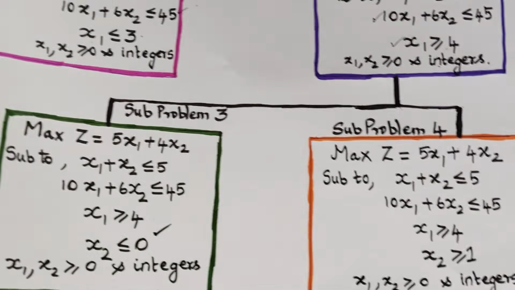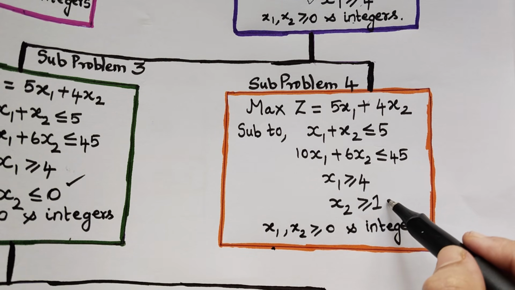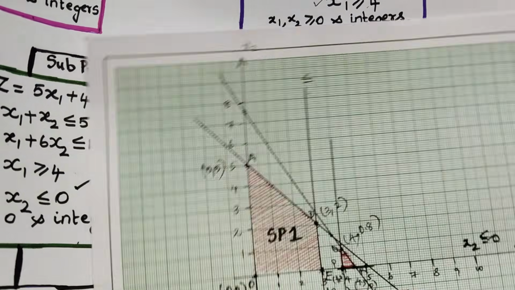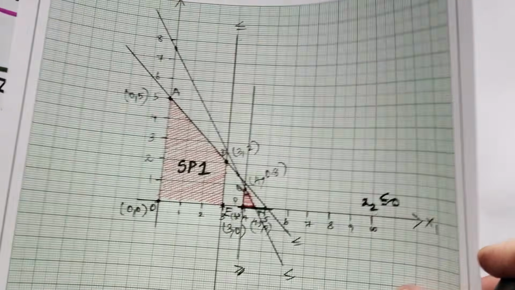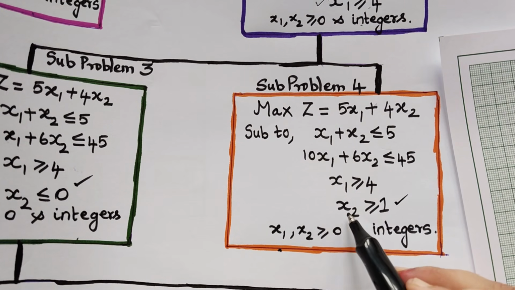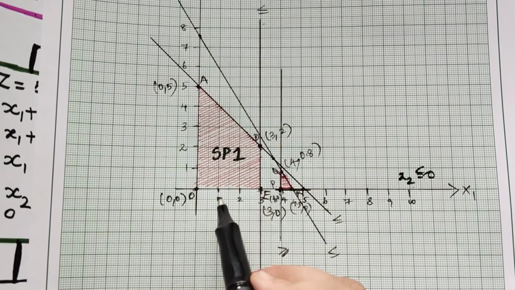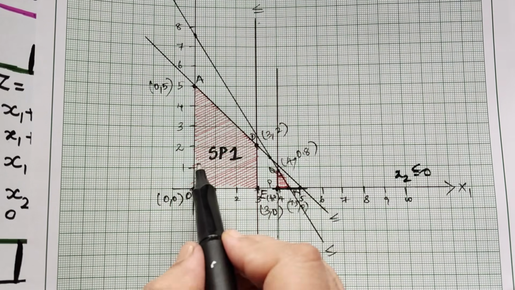So subproblem 4 here we have, and the new constraint that is added is x2 greater than or equal to 1. So the region will be here. So in this region, first we have to see what is x2 equal to 1. So x2 equal to 1 is here, this line.